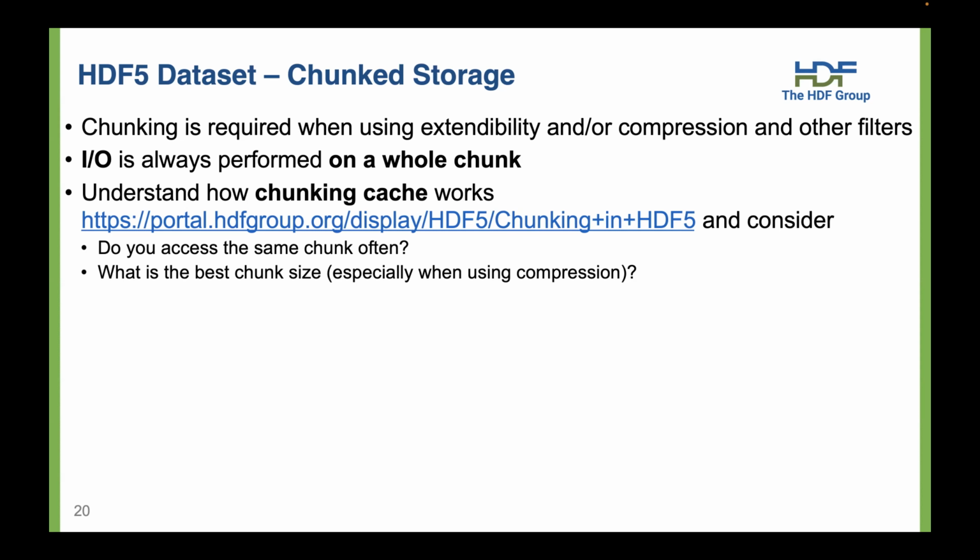With partial chunk IO, all that compression is going to happen on the chunk itself, which could hurt your performance. So that's something to keep in mind for chunk storage.